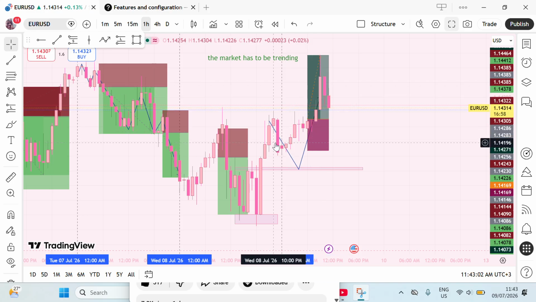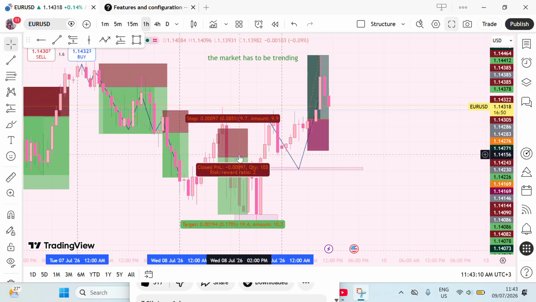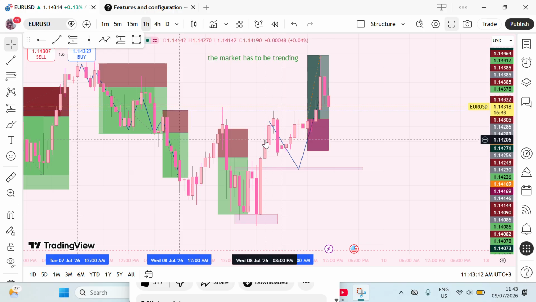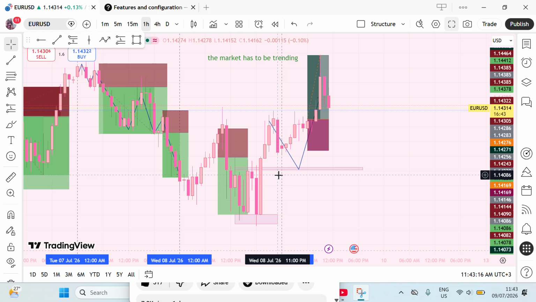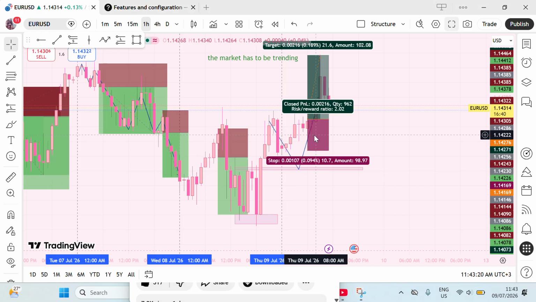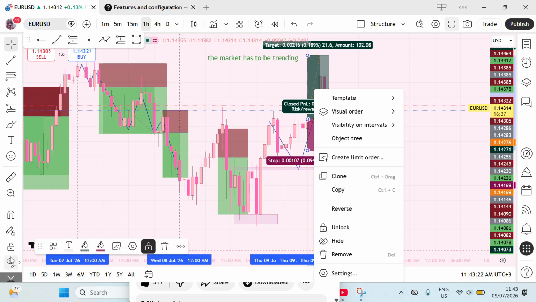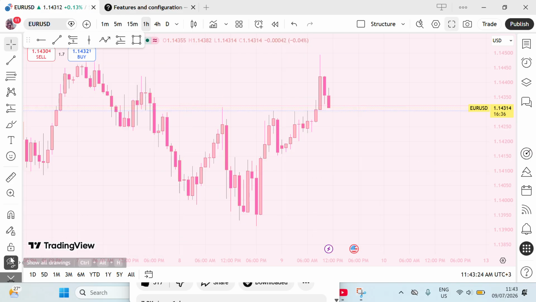But remember, one thing I want you guys to understand, that price doesn't react to a single line. Price reacts to an area. So the whole of these can be an area where price can react. Let me first remove the drawings so that you guys can understand.